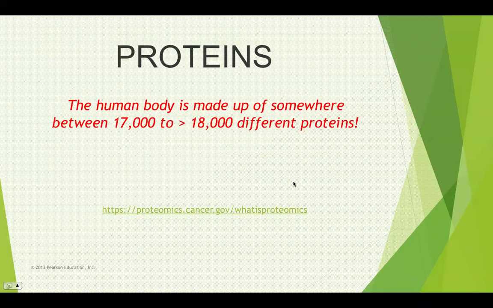Now we're on proteins. There are so many proteins. They're extremely varied. The human body is made up of somewhere between 17 to 18,000 different kinds of proteins. I am not going to click on this link because I'm not sure if I'll be able to get back, but you can look at this link on your own.